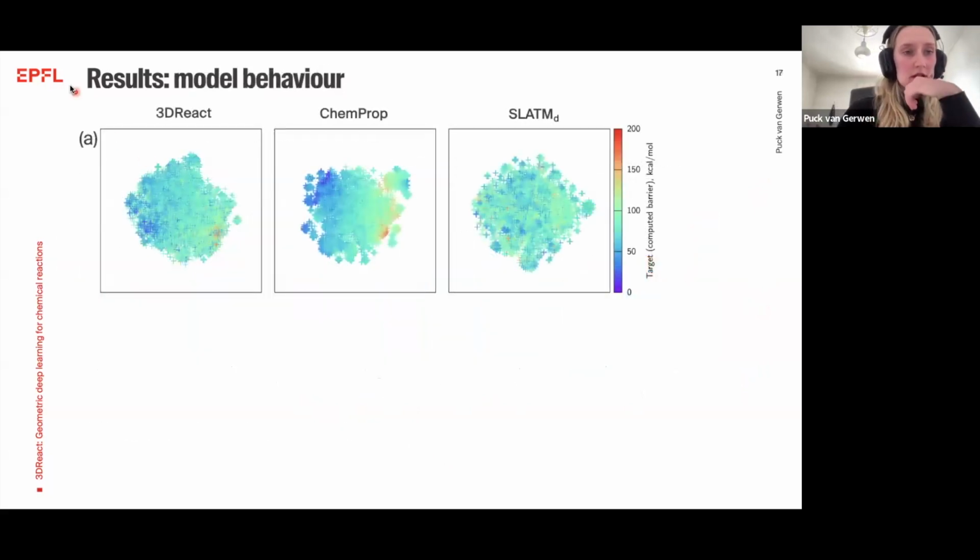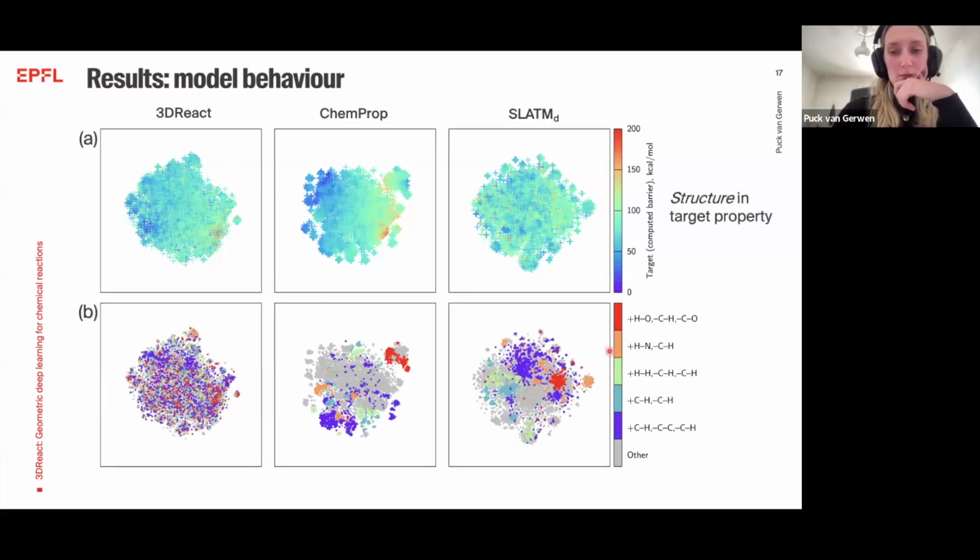And then in terms of interpreting the model behavior, it's usually nice to see that you have a correlation in the latent space with the target property. Here, for example, you see this very strongly with Chemprop, but you also see it with 3D-React, whereas you don't see it so much with the other baseline. If you think about why this might be, in this GDB data set, it's subcategorized not into reaction classes, but into which types of bonds break and form.